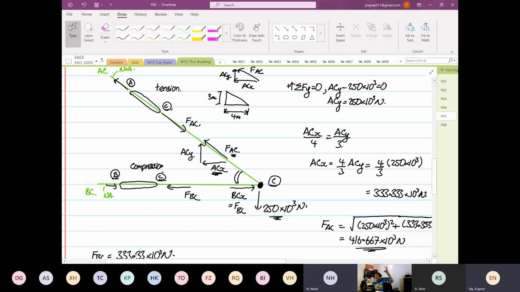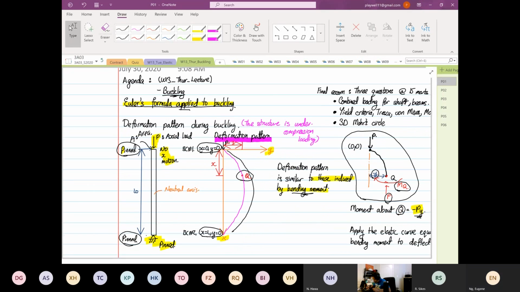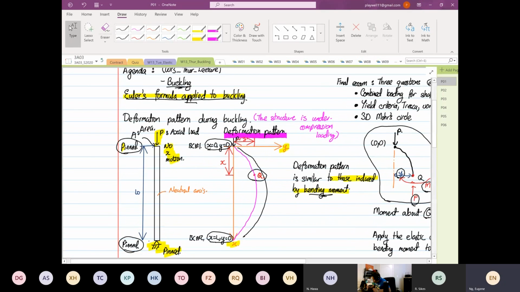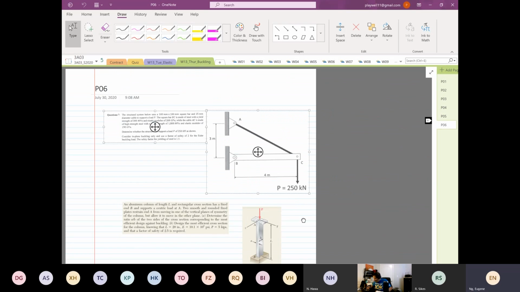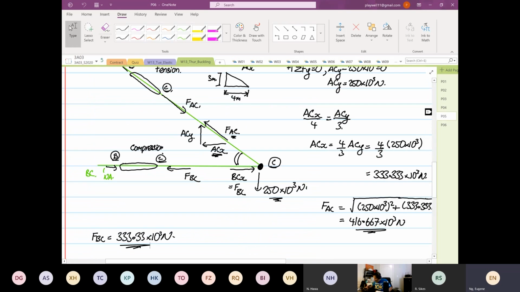Well, that's the answer. Remember when we started, what did we say? We started by saying the structure is under compression loading. Then we have to consider what? Buckling. If it's tension, forget it. So that's why it's so confusing in this question.